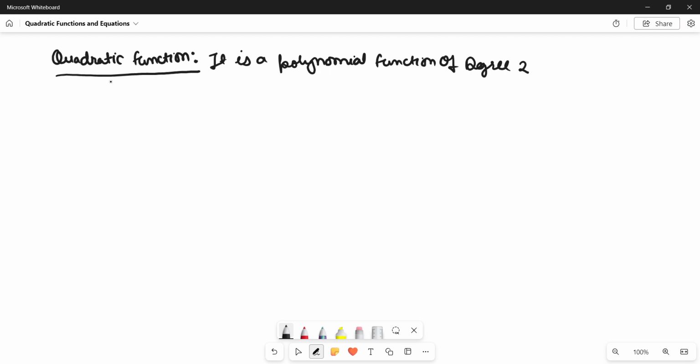Now we must be clear about polynomial function also. So polynomial function is nothing but f of x equals summation i goes from 0 to n, a_i x raised to i.